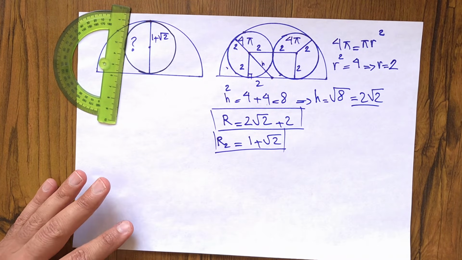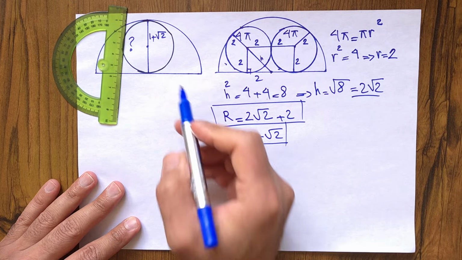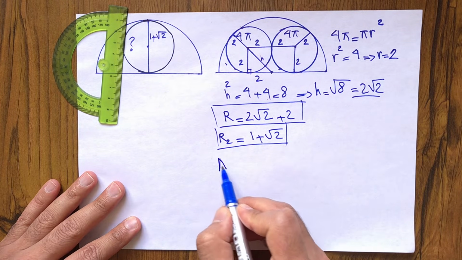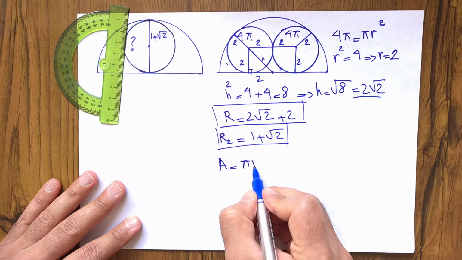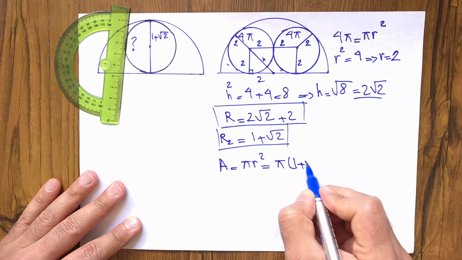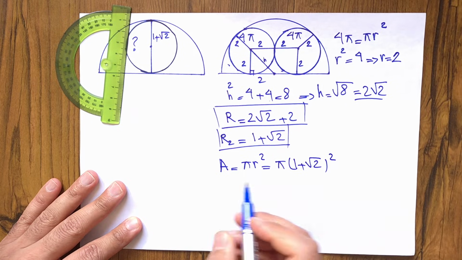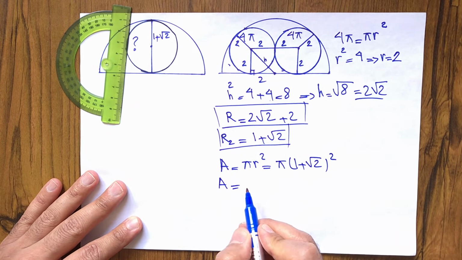Now after having found the radius, we can just calculate the area. The area of our circle here equals pi r squared. In other words, pi times 1 plus root 2 squared. This is a classic identity of a plus b squared.